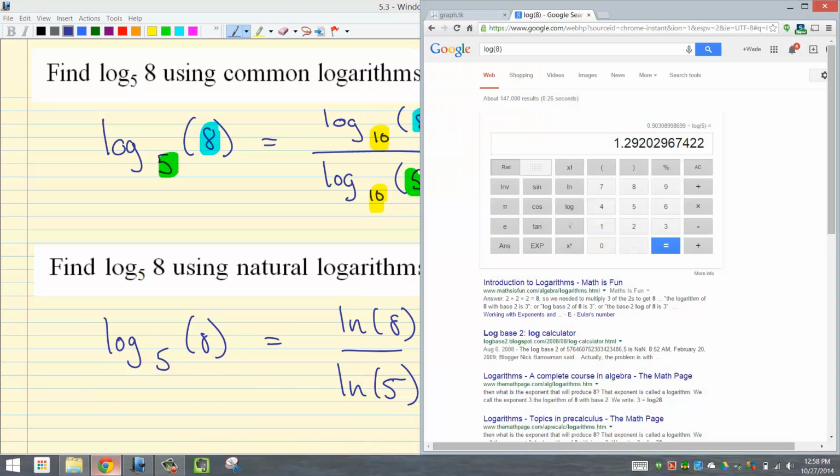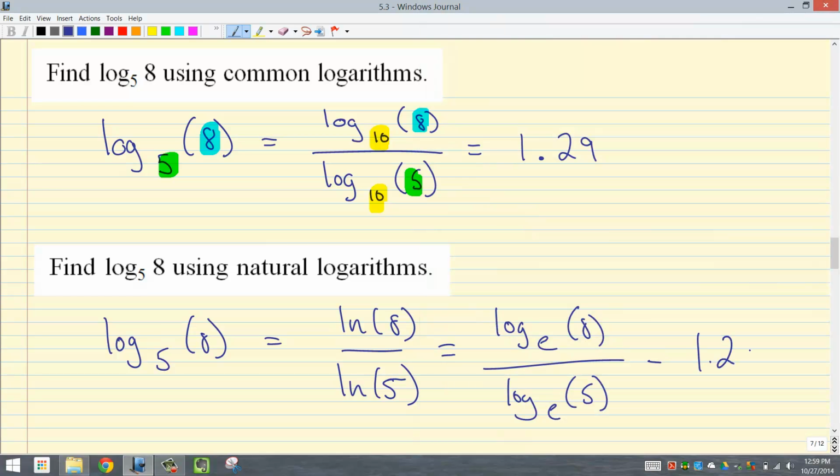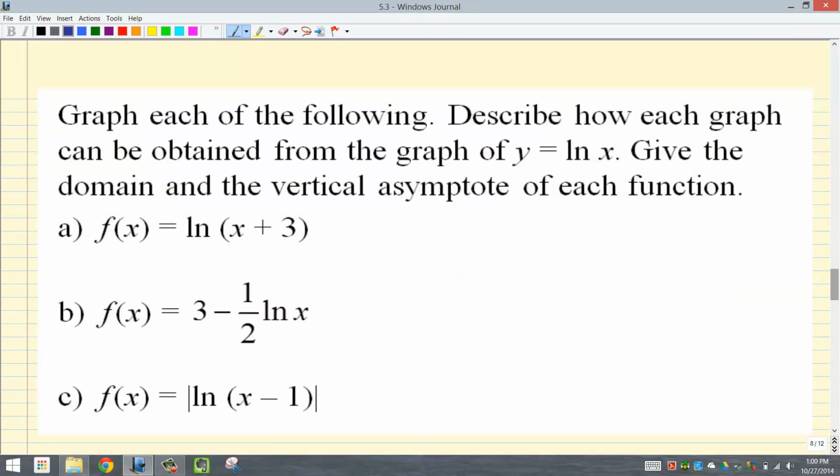So if we go back to our calculator, here's the ln button. So we'll say ln of 8 divided by ln of 5. Enter. Same number? Yeah, same, and it should be, right? So this is 1.29. We're going to graph these three natural logs, and we're going to use the same ideas that we developed last week when we were graphing exponents. So we'll come back to this.